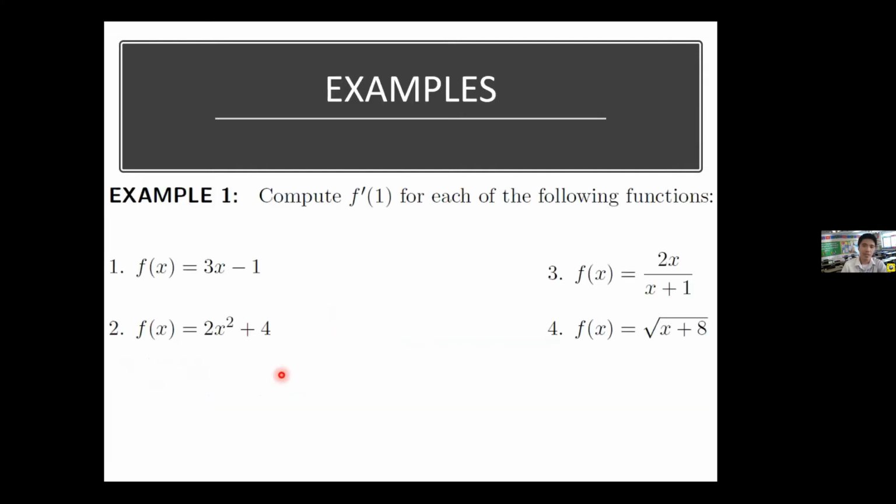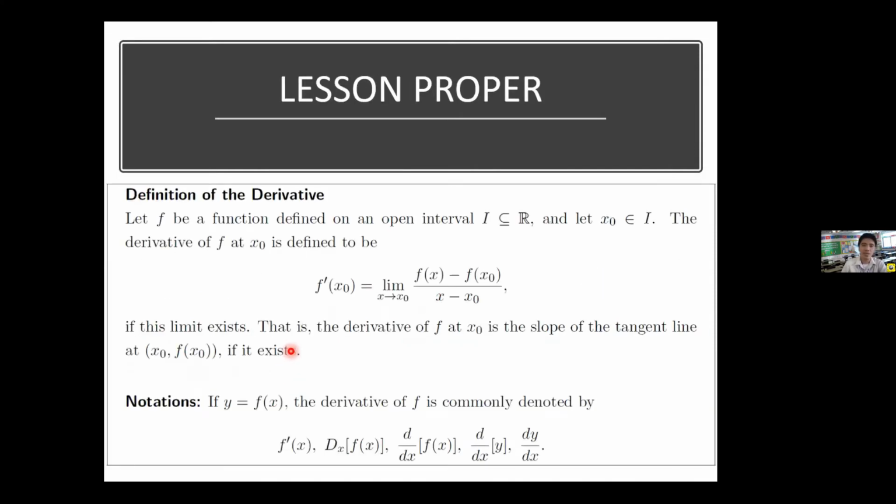So the derivative is just a new term that means the slope of the tangent line. Aside from this notation, there are other notations, like d of x.